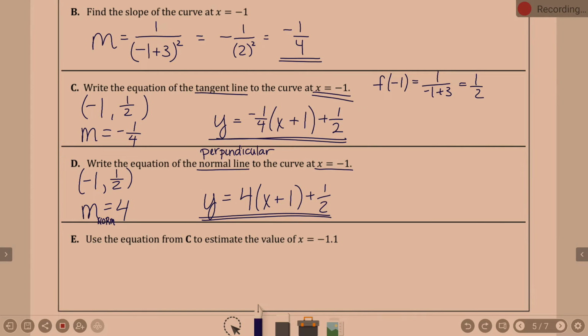So to estimate that value, yes, you are just putting the -1.1 into our equation there. Now, we're going to go back and use the tangent line equation, yes? Not the normal line. So we're going to use our answer from part C to do this.